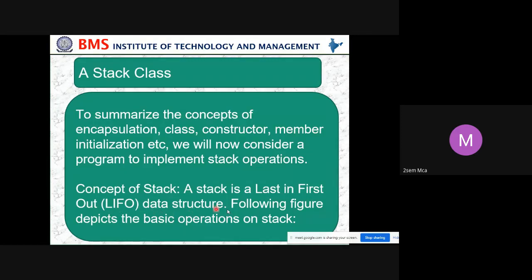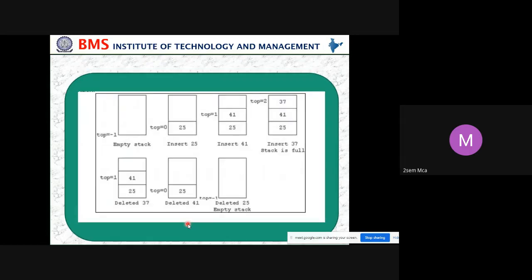Data structure. The following figure will depict the basic operations of the stack. So here you can see I have a stack and one more pointer. What are we calling that pointer? We call it top. Initially it will be minus one, it is not pointing to the stack if we don't have any elements in the stack.